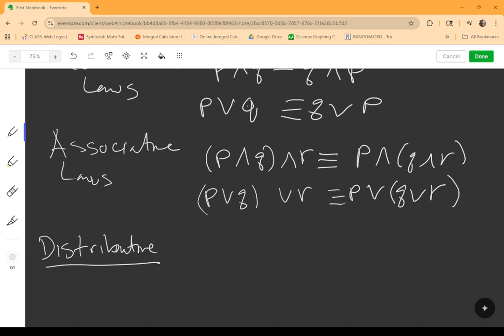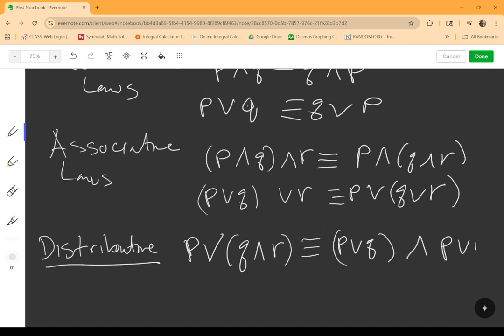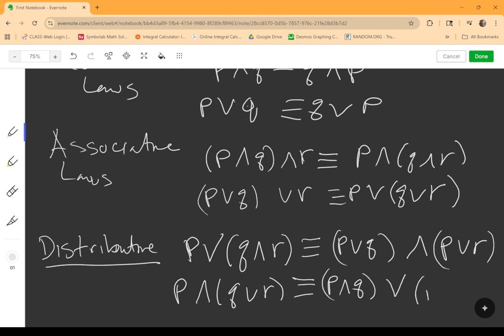This one states that P or Q and R is logically equivalent to P or Q and P or R. And the dual one, the pair that's attached to it: P and Q or R is logically equivalent to P and Q or P and R.